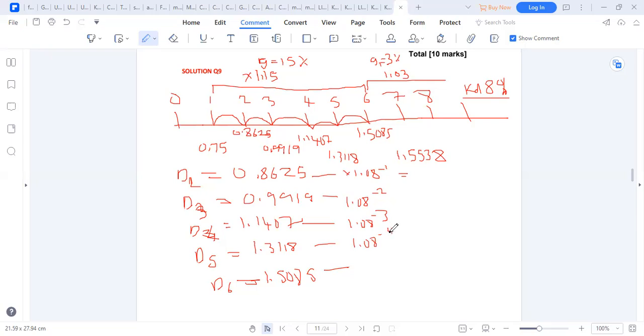So we're discounting each of these based on their years, starting with this figure, 0.75 to the power -1.